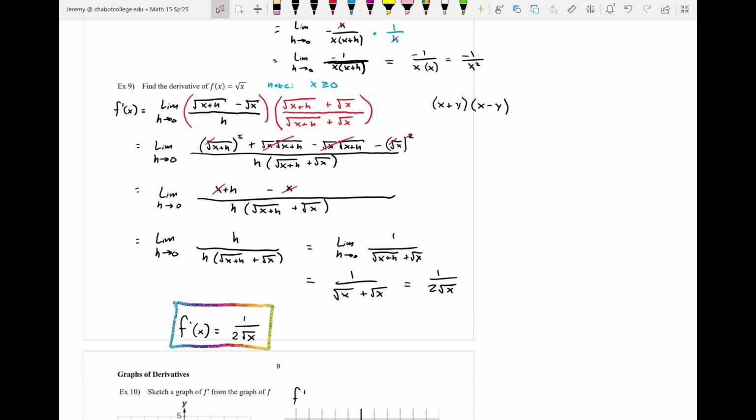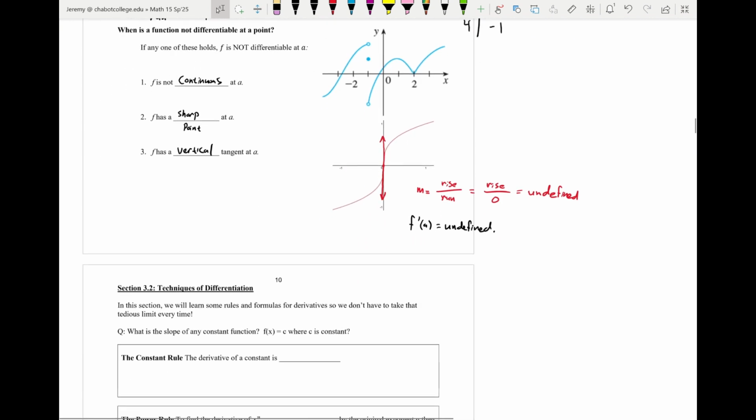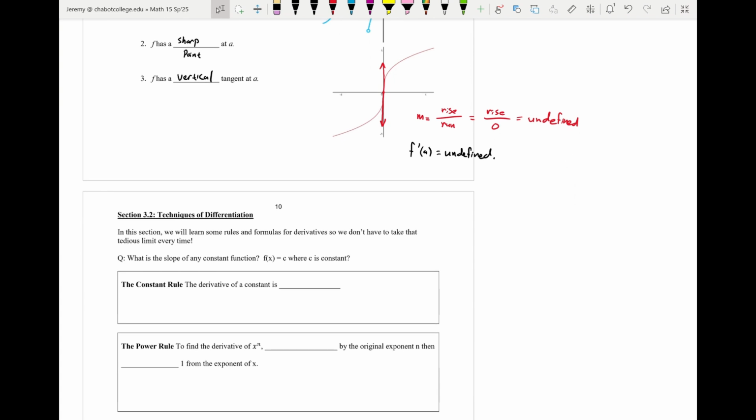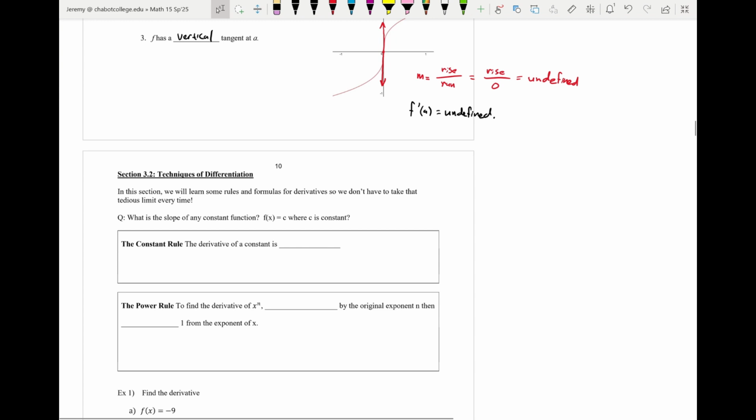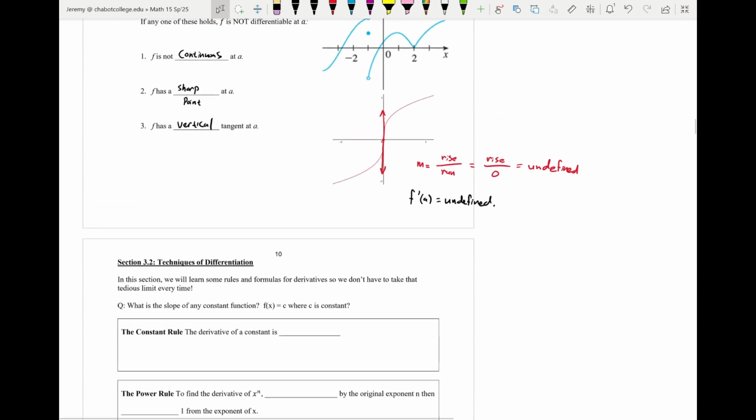The derivative originates from this limit definition, but there are a lot of techniques which allow us to evaluate and compute derivatives much more easily and quickly. So in section 3.2, techniques of differentiation, you're going to get some really great relief from a lot of that work that we did. I will see you there in the next video.